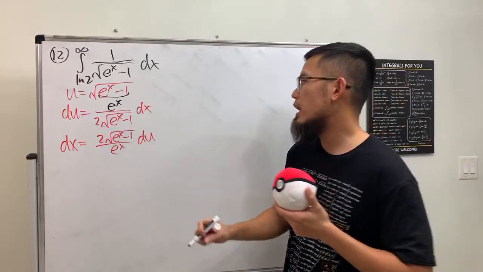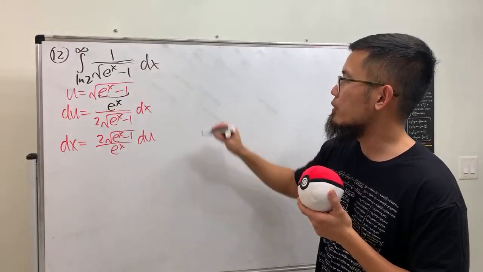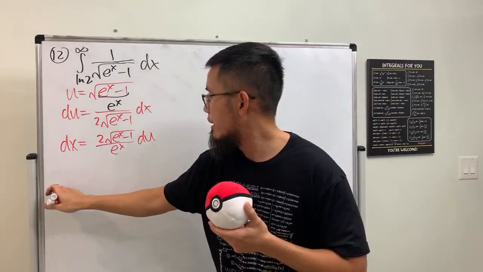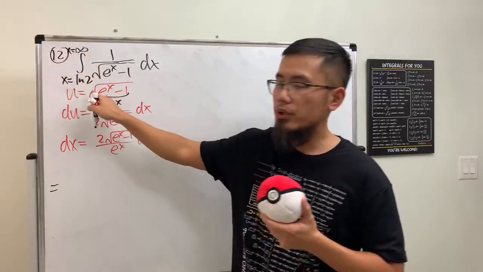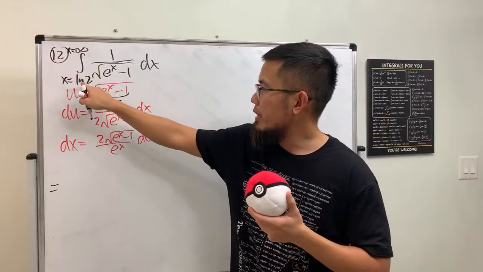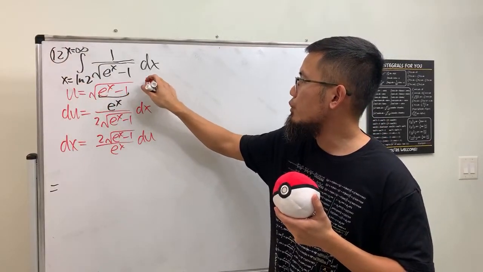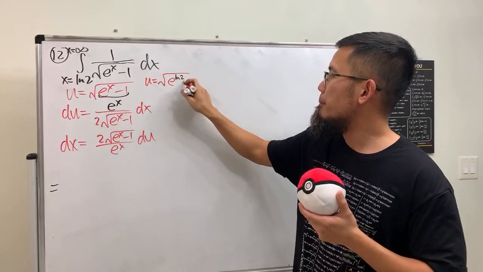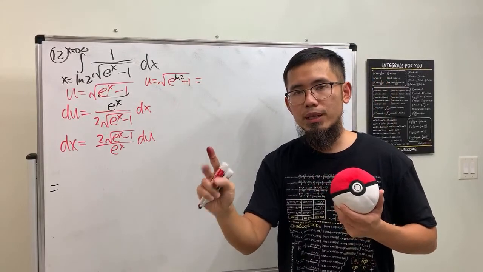Cool. Now, we are going to take this integral from the x world to the u world. And I'm just going to put it down right here. All right, remember, x is going from ln2, right? So when x is ln2, you put it here, you see that u will be square root of e to the ln2 minus 1. E to the ln2 is just 2. 2 minus 1 is 1.